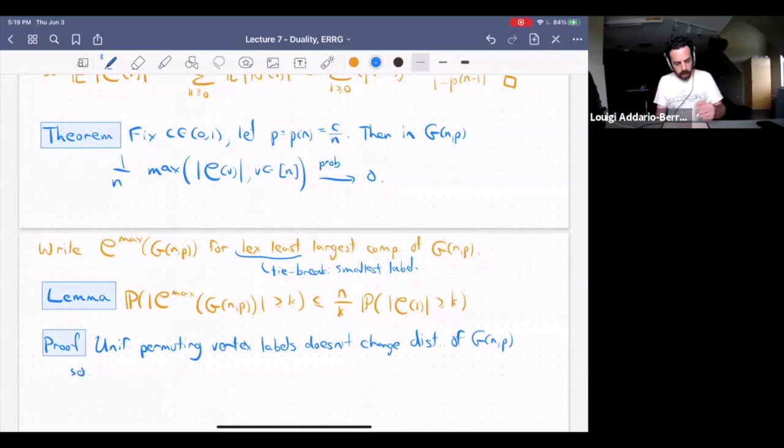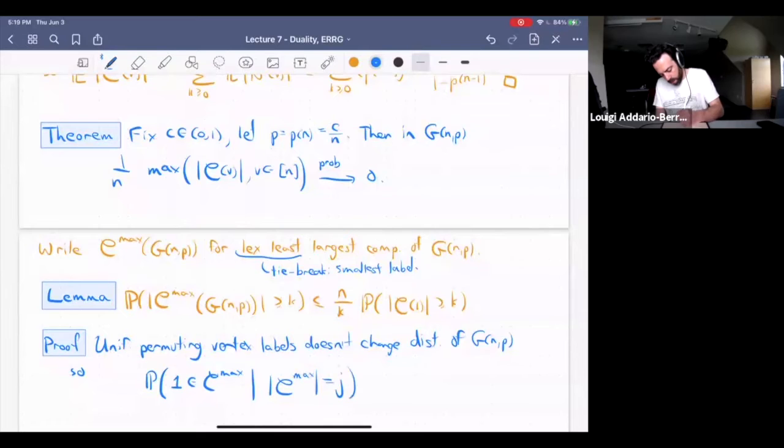And so that means that the probability that vertex 1 is in the largest component, given that the largest component has some number j of vertices, is at least j over n.